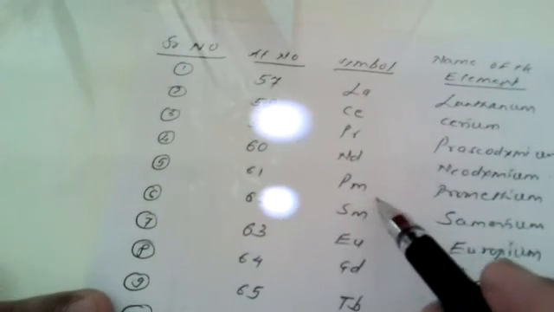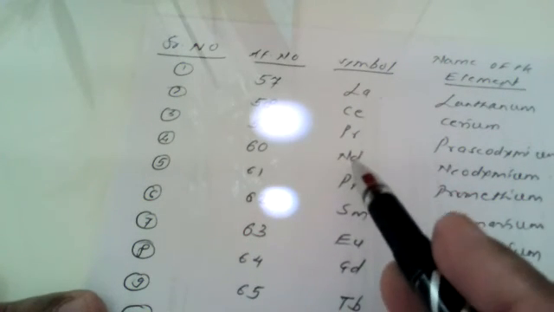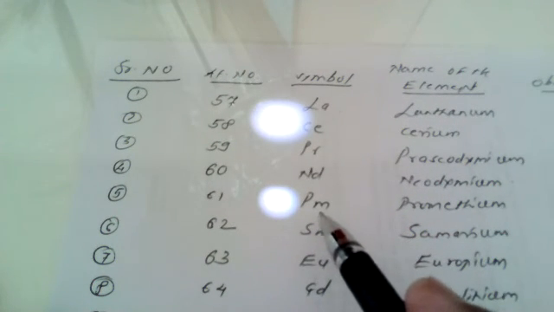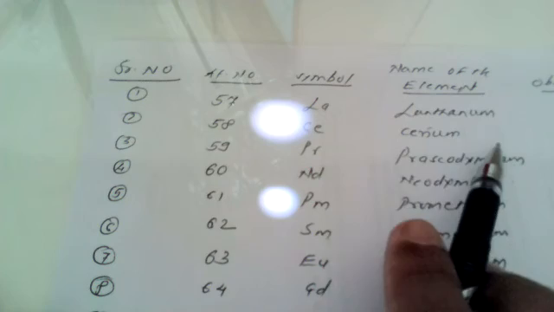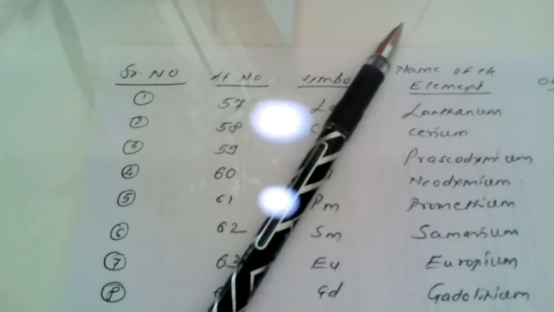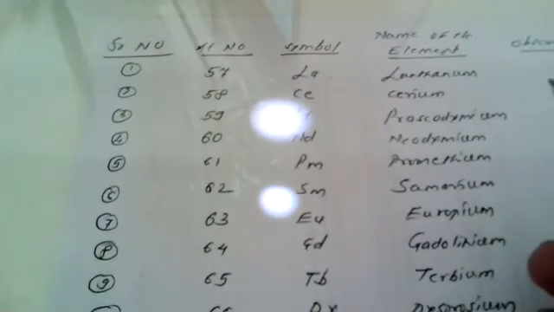So Pr and Pm, these are the two confusing symbols. Pr means praseodymium having atomic number 59, while promethium has atomic number 61. So you should be very well familiar with all these symbols and their respective names. Then you will be perfect.